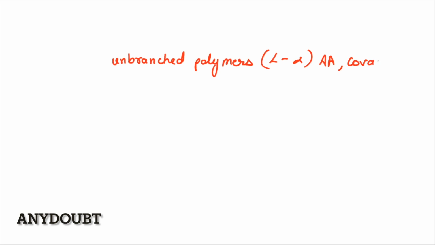So proteins are unbranched polymers linked through L alpha amino acids, and they are covalently linked through peptide bonds.